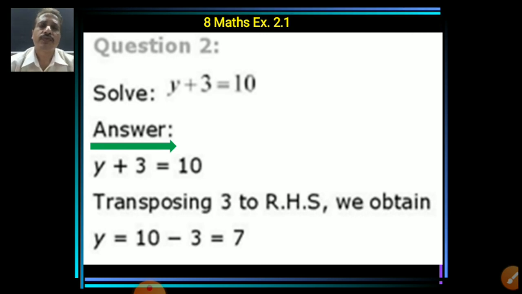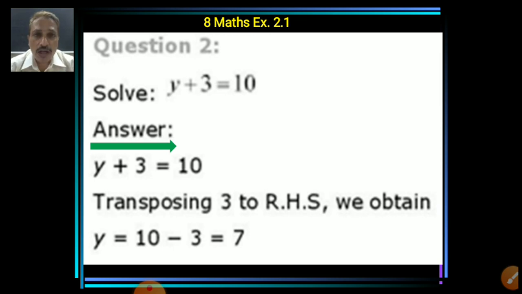Question number 2. Same base. Linear means a single variable and its power is 1. y plus 3 is equal to 10. Here the variable name is y. We already discussed that a variable can be any alphabet.